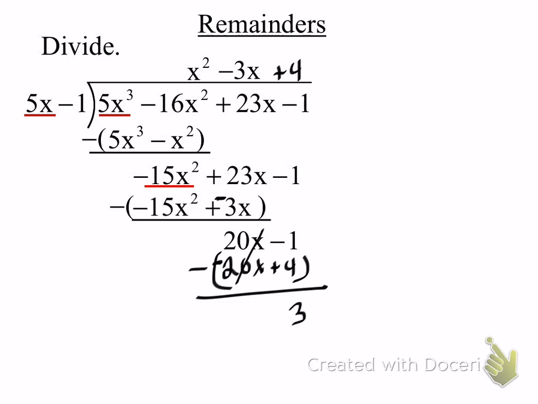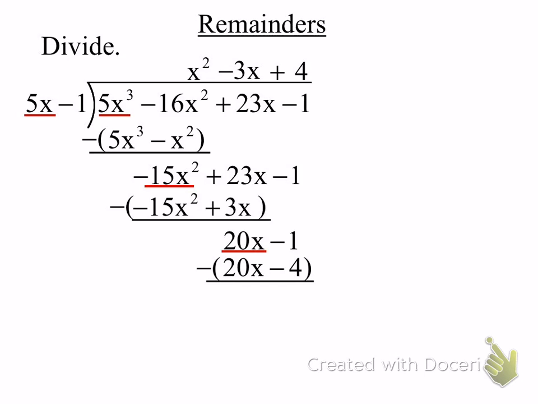What did you do when you were younger and you were left with a remainder? You put it over the divisor. Yes, that's it. It's positive, so I just write plus, and I put 3 over the divisor.